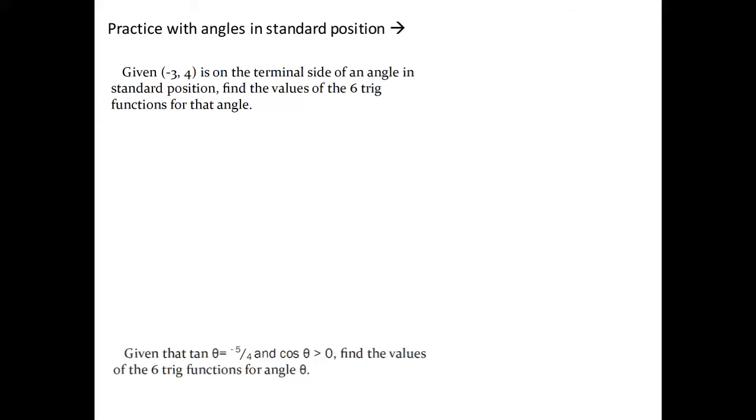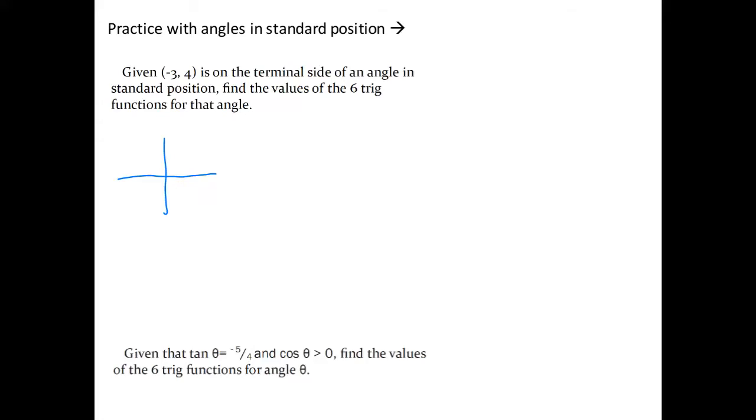So first and foremost, I would start with a sketch for a couple reasons. First, so we can draw the right triangle and label the sides, but also because we need to know what quadrant theta comes from because of the positives and negatives, so that "all students take calculus" still is going to apply here.